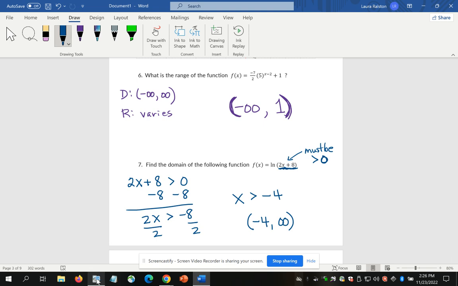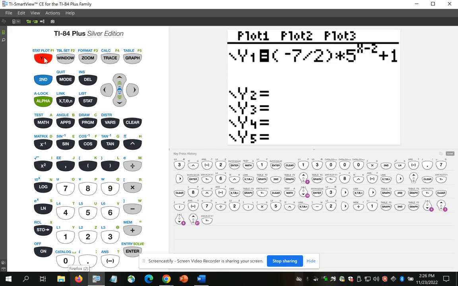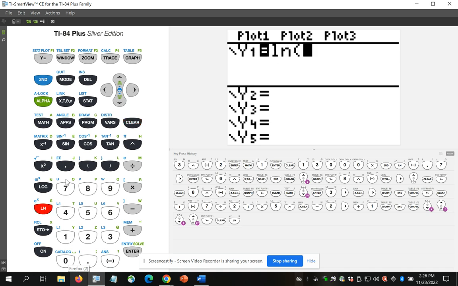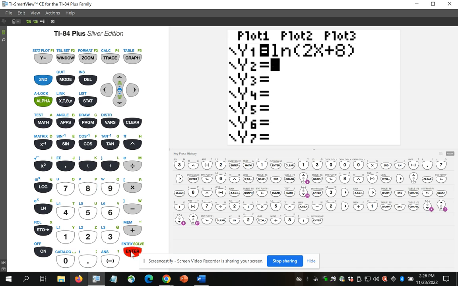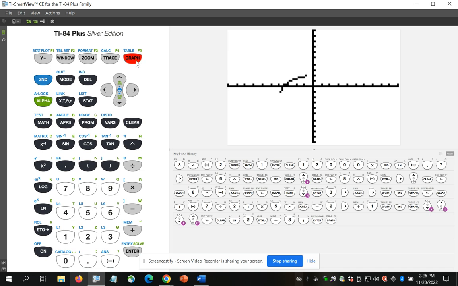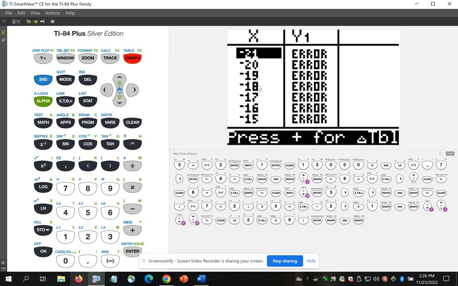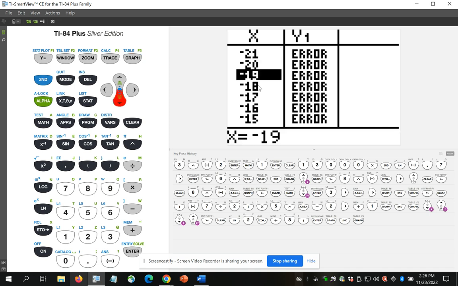Again, it could help you to actually look at the graph. If I look at the graph of the natural log of 2x plus 8, I can visually see that it starts at about negative 4 and keeps going. Again, I can look at the table, and if I notice that I'm at negative 15, I've got errors.